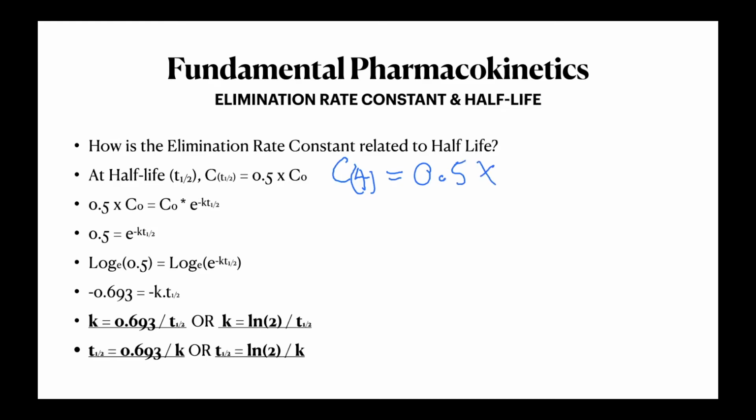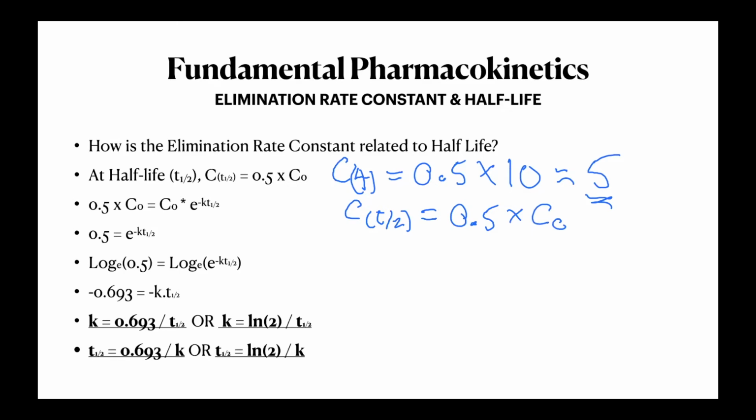The initial concentration on that previous graph was 10, and so the concentration at its half-time equals 5. Knowing how this formula works, we know that the concentration at its half-time equals 0.5 times the initial concentration of the drug.